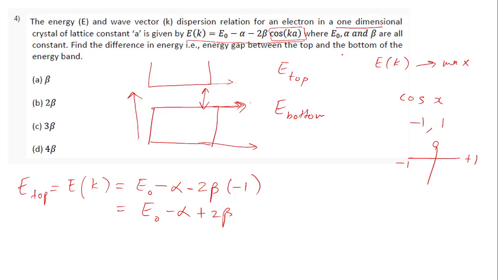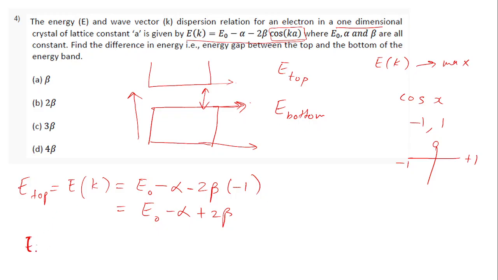Now we have to see the energy for the bottom of the energy band, because the bottom will have less energy, the least energy in this case. This expression will be minimum when we subtract something big. All these are constants, only cos can vary, and the maximum value the cos function can have is +1. That means when cos is +1, we will have the minimum value of this E expression.